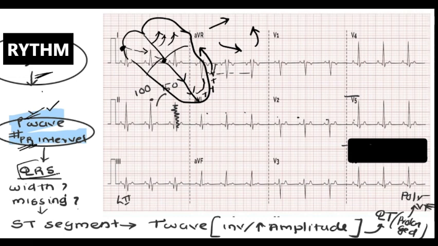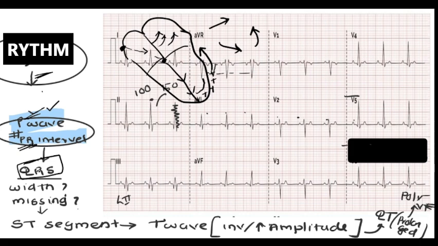After that, QRS. Why are we looking at the QRS complex? To find out the conduction. If the conduction is happening through the muscle cells, the depolarization reaching the whole ventricle through the muscles in the ventricle itself, then that would be slow conduction, making it a wide QRS complex.